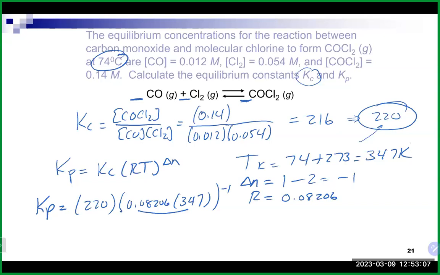So 0.08206 times 347 gives you about 28.47. And we're going to do 1 divided by that number, which gives us 0.0351187. Now we're going to multiply it by the 220, which gets us about a 7.7 as our Kp value. If you use 216, you get 7.6, I think.